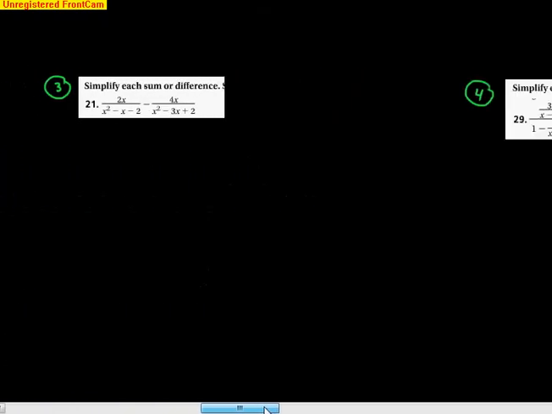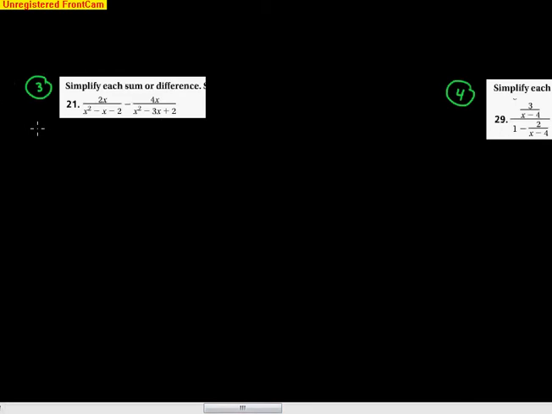Alright. Number 3. Okay, we are going to subtract these two rational expressions. And in order to subtract, we need to obtain what is called the LCD, the least common denominator. The least common denominator is obtained by factoring these denominators. So again, I see plus and minus signs. I'll put parentheses here and here. And now I need to factor. Okay, the factors of -2 that make -1.